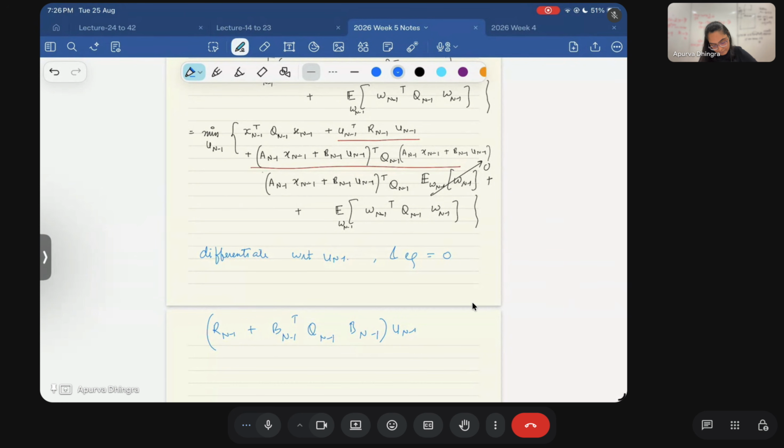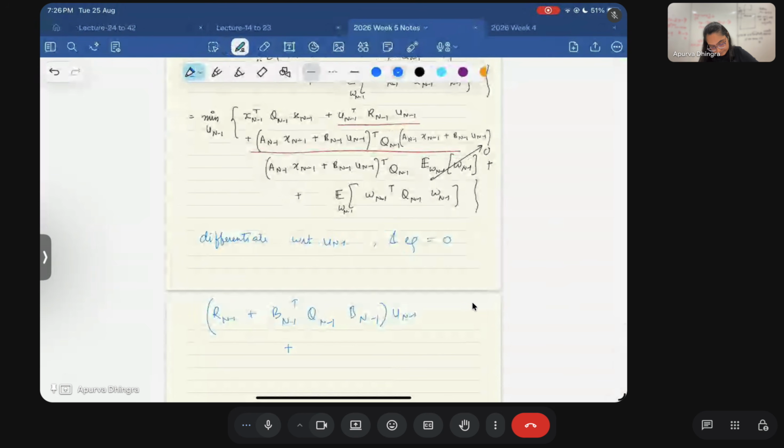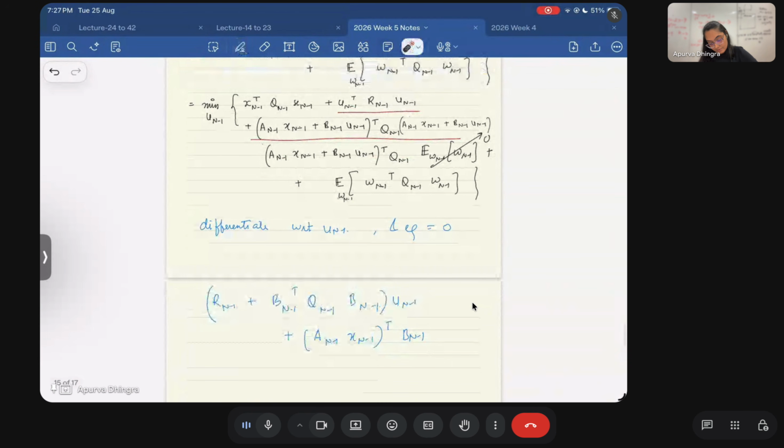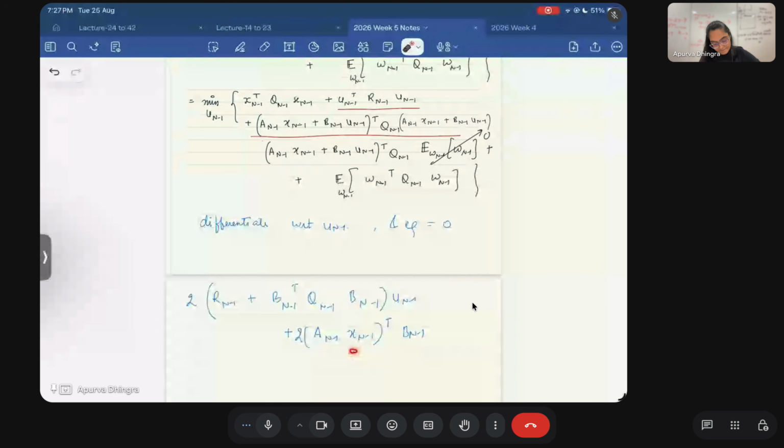This is one thing that you get, plus, and since there are squares, this is u transpose u, so you'll get a factor of 2 here, and this could have been written by interchanging the transpose from here to here, so that gives you 2 terms, and this is equal to 0.